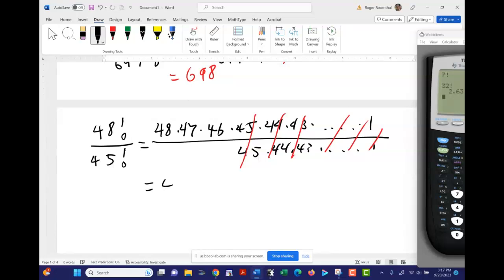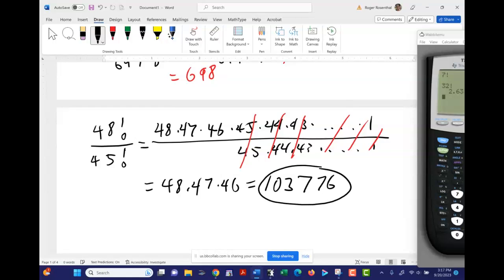So we're left with whatever 48 times 47 times 46 is. And if you do the math on that, you get 103,776. So that is what that is equal to. Again, be sure you know how to do these by hand, because your calculator can't do some of these things.